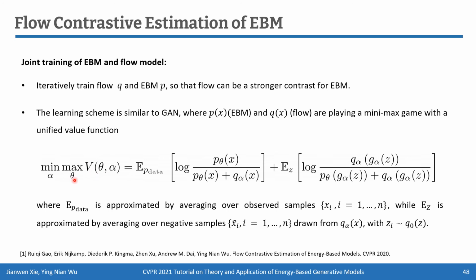Then we learn theta, which is the parameter of the energy-based model, and alpha, which is the parameter of the flow-based model, jointly by a scheme very similar to a GAN. This is very much like a GAN, and later I will show you the difference. By this min-max adversarial training, we can learn both the flow-based model and the energy-based model jointly.